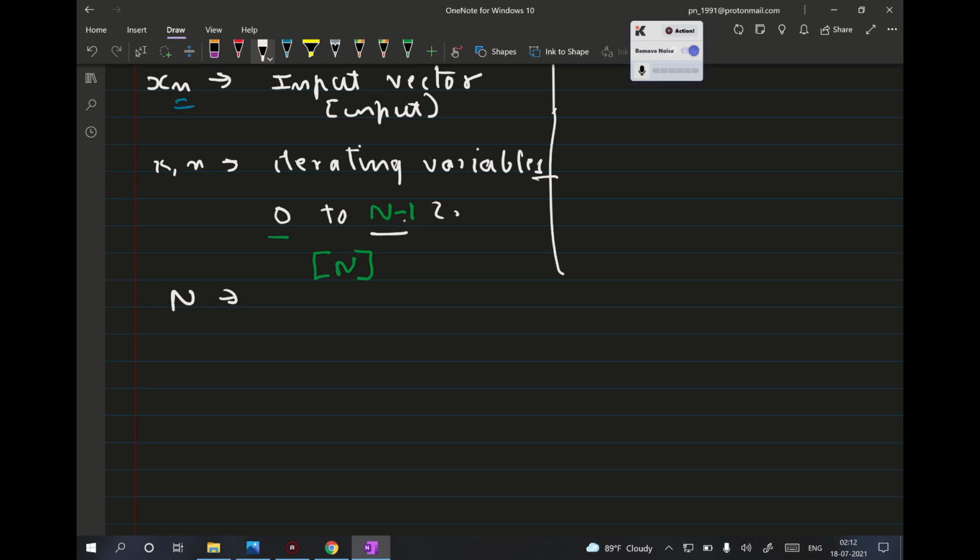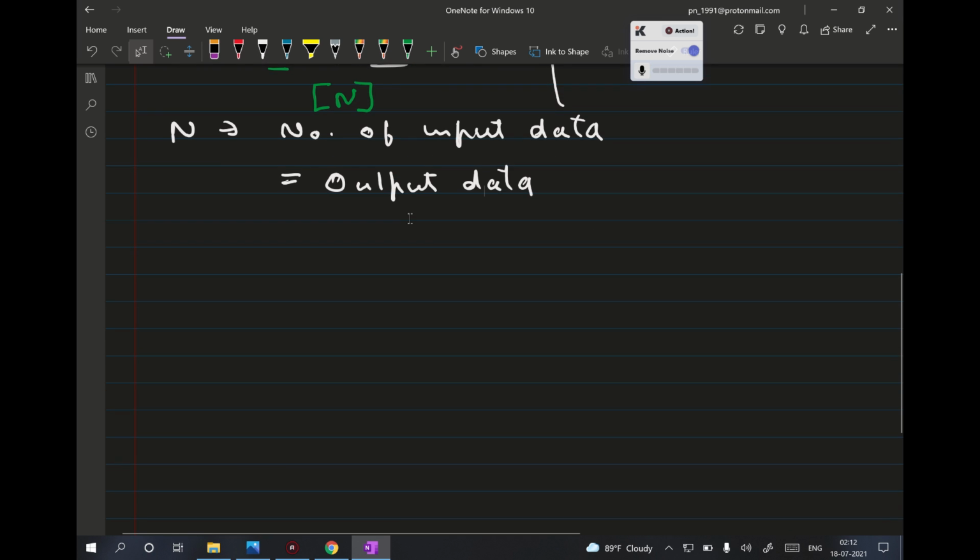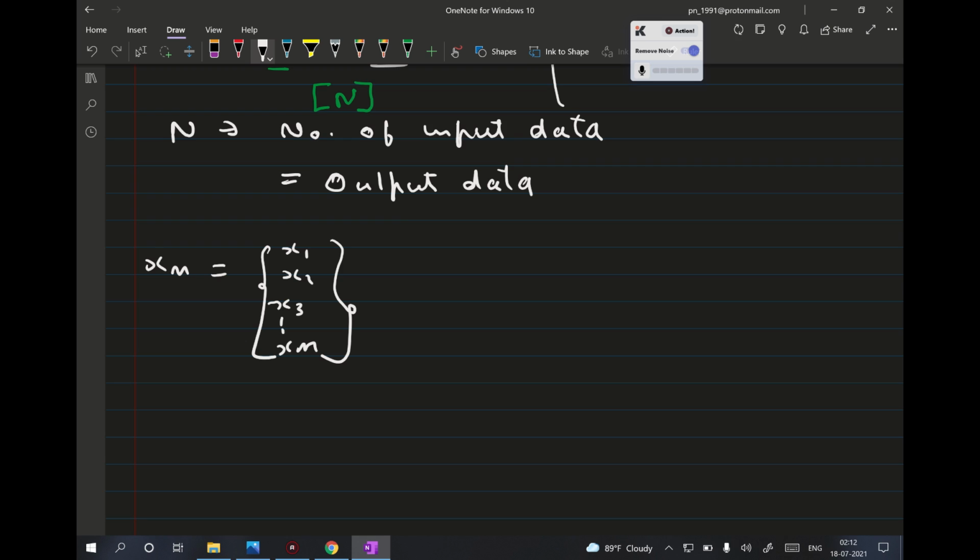N is my number of input data points, and it is the same as my output data points. So just to give you an example, if xn is something like x1, x2, x3, up to xn, even my output would be of the same size.